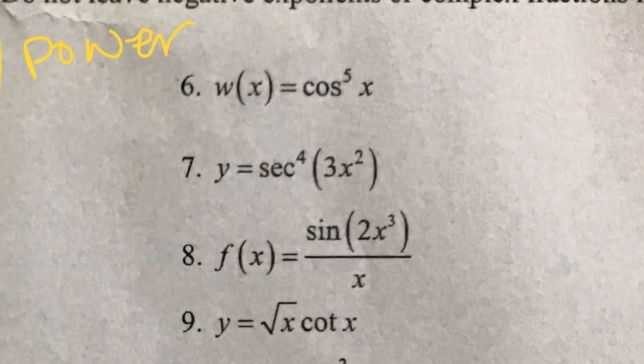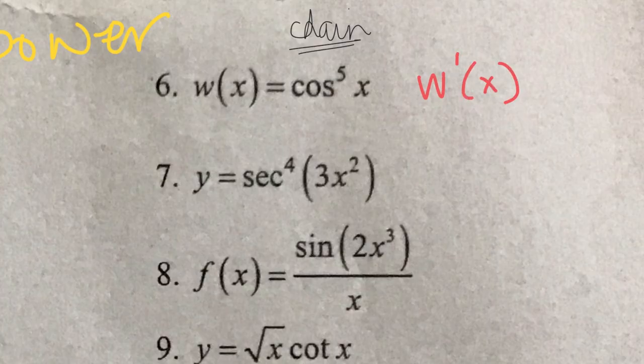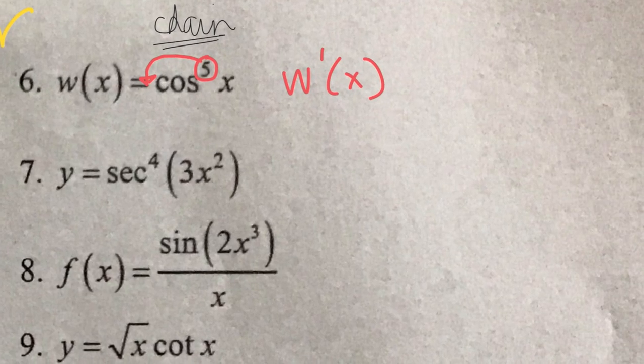Okay, let's go with number 6. Let's go across. This is, well, the trig. So with trig, we have to use what rule? The chain rule. Every time we do a trig derivative, we're going to use the chain rule. First, we're going to do what with our power? The power comes to the front, right? So we're going to use the power rule with our power.